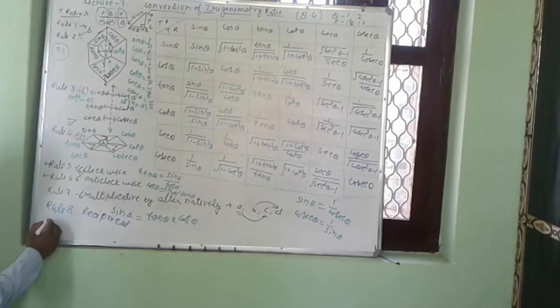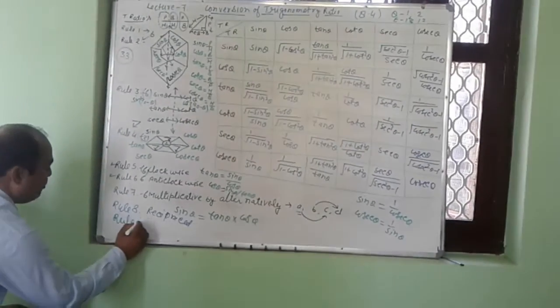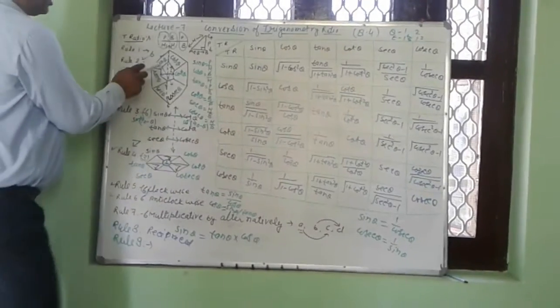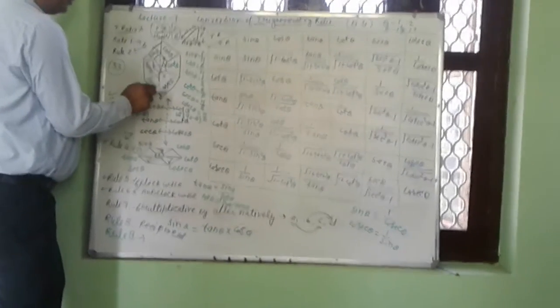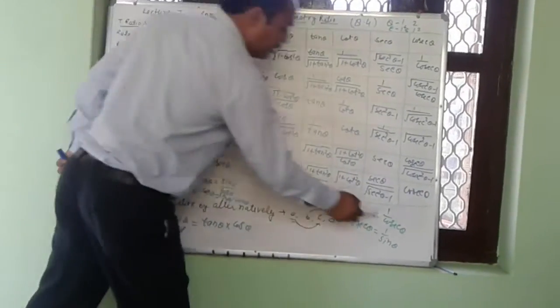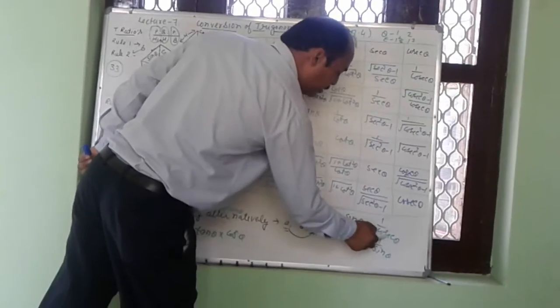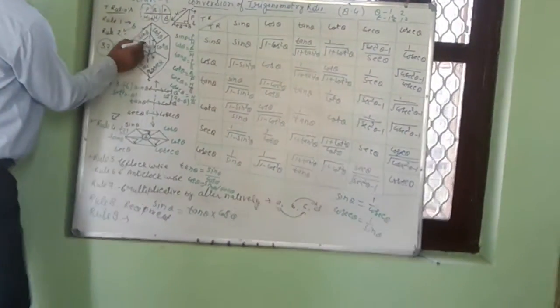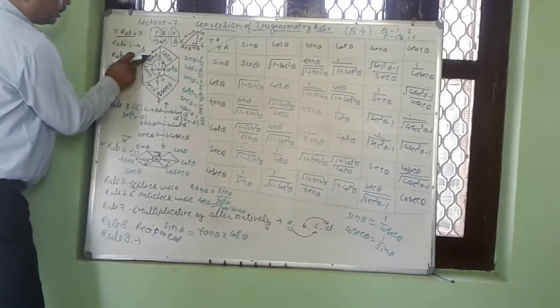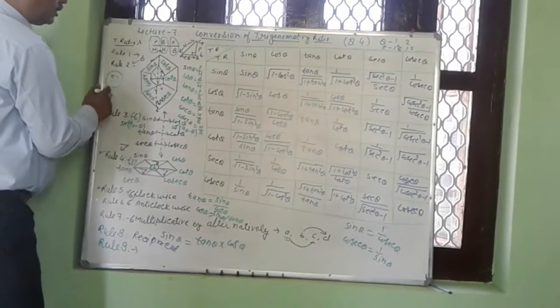Now rule number 9, product of 2. Suppose sin theta is equal to 1 upon cosec theta, or the product of sin theta into cosec theta. It means the product of opposite trigonometric ratios is equal to 1.